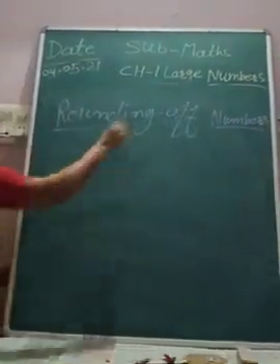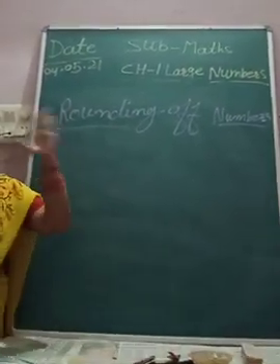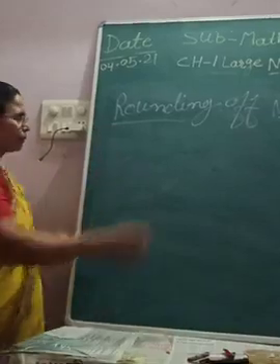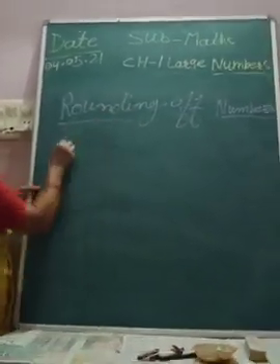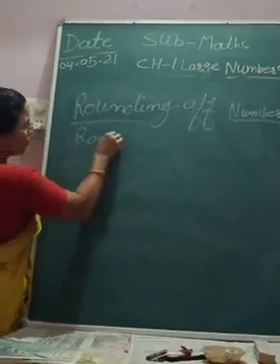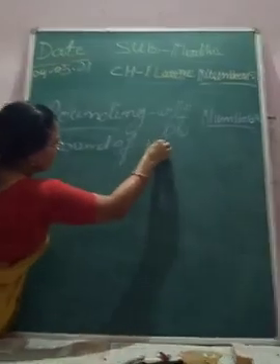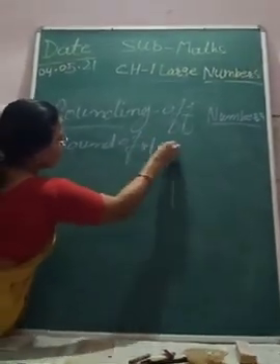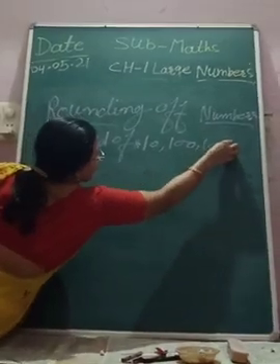Rounding of numbers means you can round off to the nearest 10, nearest 100, or nearest 1000.